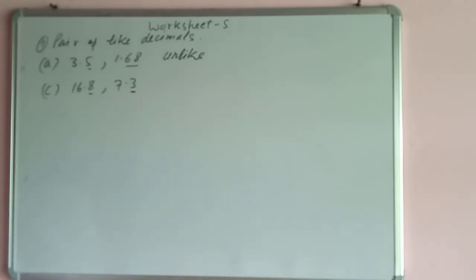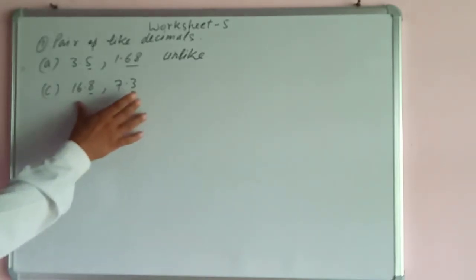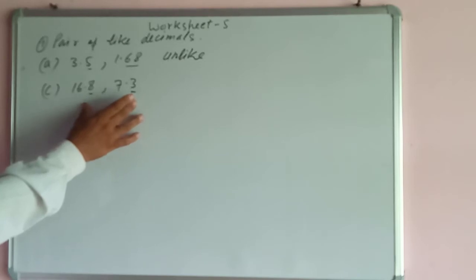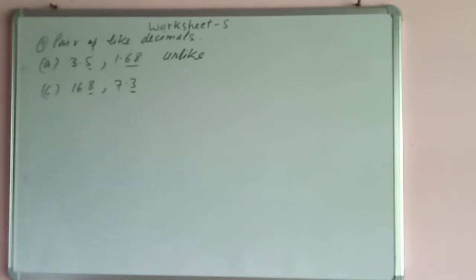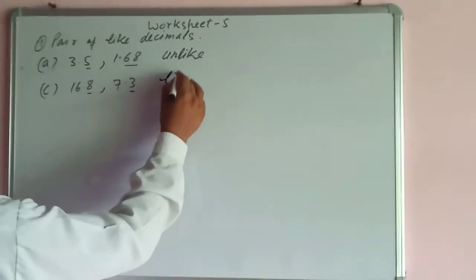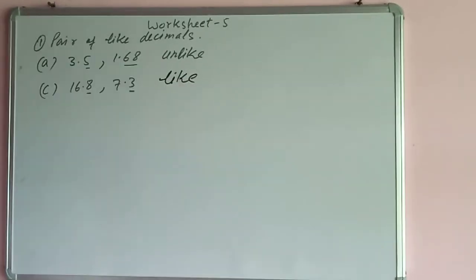So in both the given decimals there is only one place after the decimal. So these given decimals are called like decimals.